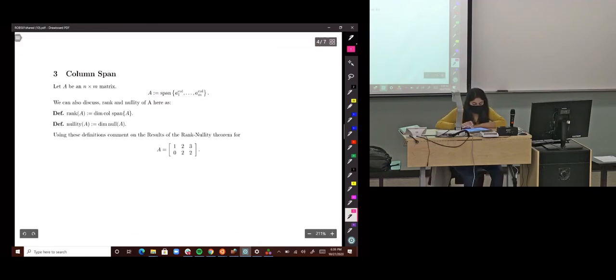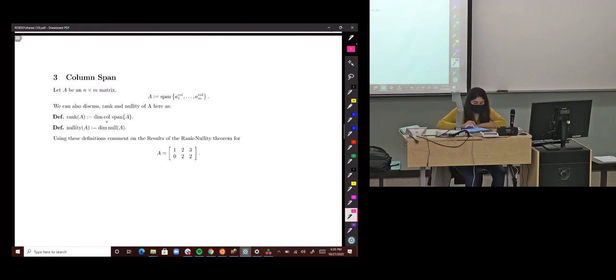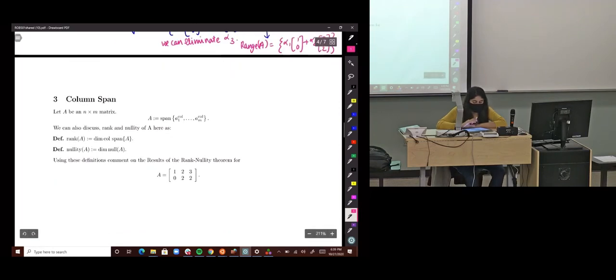So the rank of any matrix is the dimension of the column span of A, and the dimension means the number of basis elements of the column span of A, or the number of linearly independent elements in the column span of A. And if you think about it, the number of linearly independent columns in a span of any set of vectors is the same as saying the number of linearly independent vectors in that set.